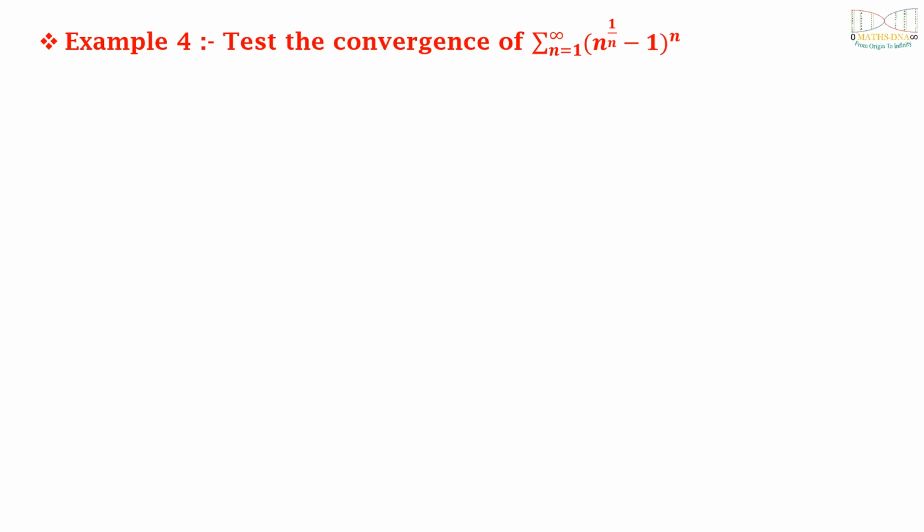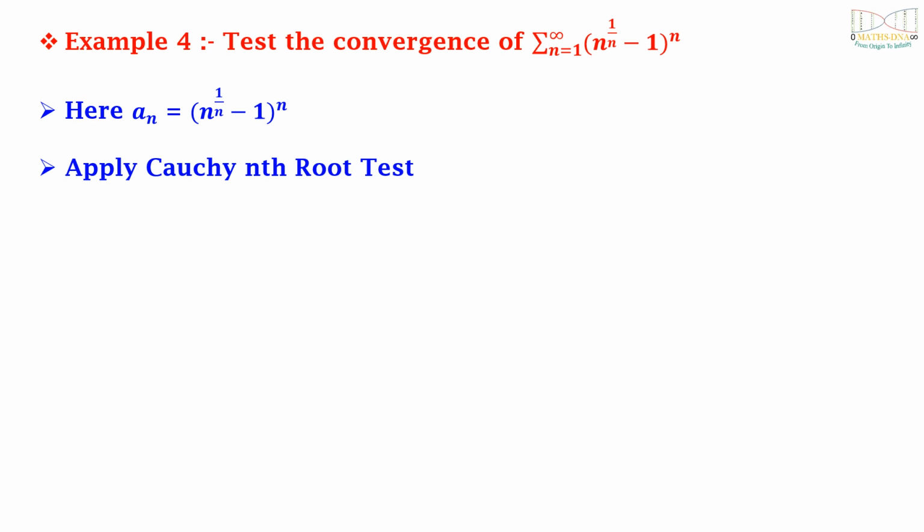Example 4. Test the convergence of summation n running from 1 to infinity of n raised to 1 by n minus 1, whole raised to n. Here an equals n raised to 1 by n minus 1 raised to n, and we apply Cauchy's nth root test, which gives us limit n tends to infinity an raised to 1 by n equals limit n tends to infinity n raised to 1 by n minus 1, whole raised to n and whole raised to 1 by n.